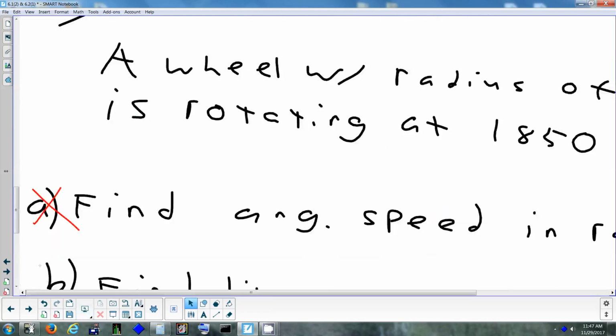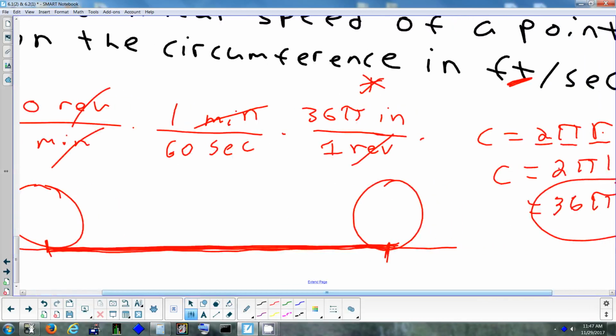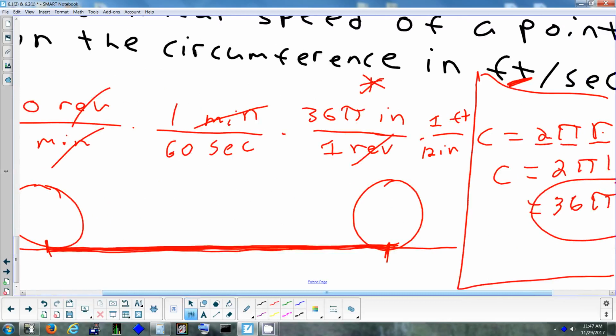Make it a little bigger. All right, so I have 12 inches in 1 foot. And now inches cancels. Look at the units. What's the only unit left in the top? Feet.